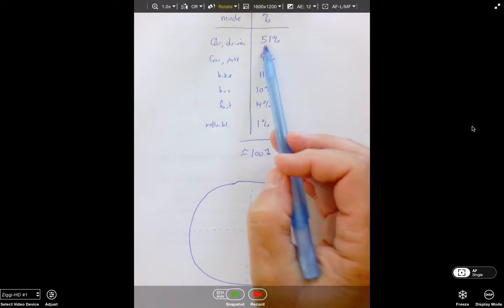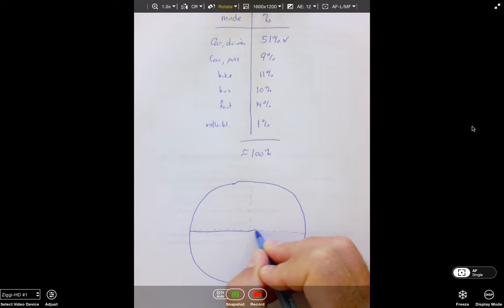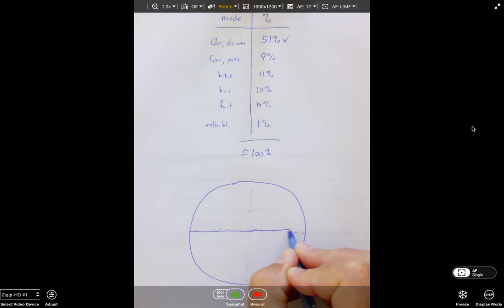So I know that the 51% here is going to be half of the circle plus a little bit. So I'll draw that just a little bit above, and I would come in with some legend. And again, I would never do one of these by hand. I'm just running through this with you just to give you a better understanding of how to interpret these things when you see them.